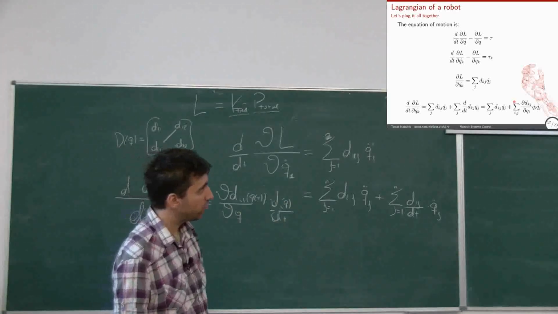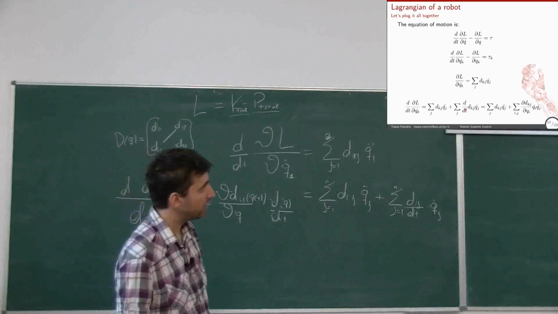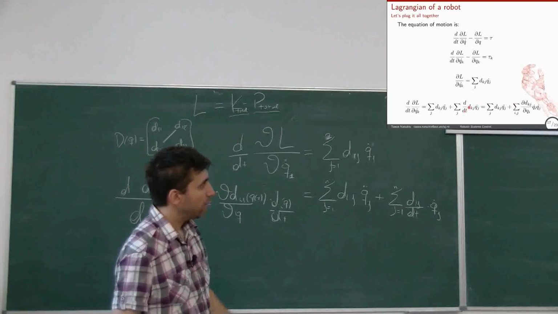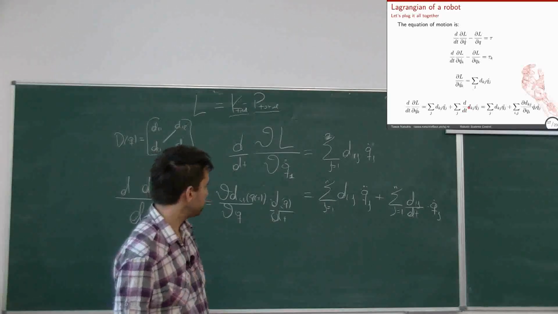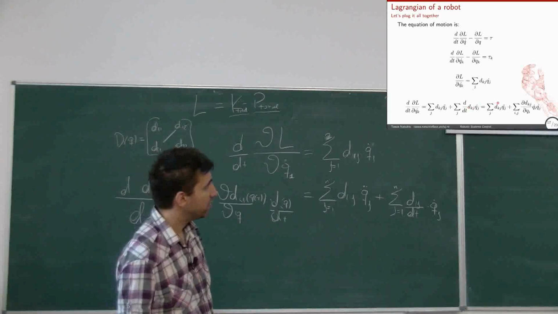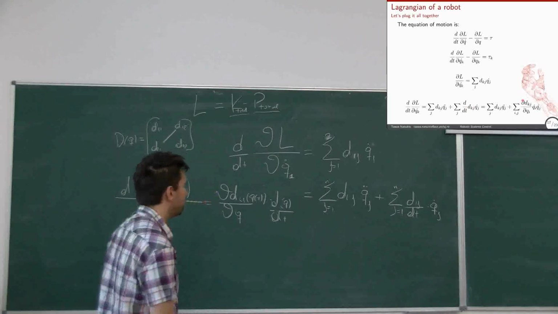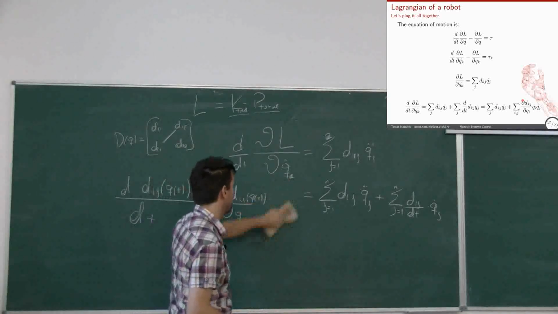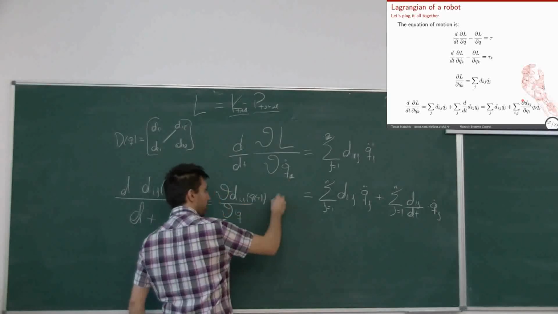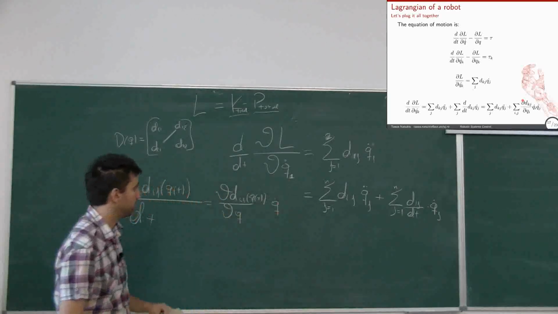So this is how we go from this side where I need a derivative of d_kj over time, but d_kj depends on q, which depends on time. That's why here I get this part here, because the derivative with q over time is this term.